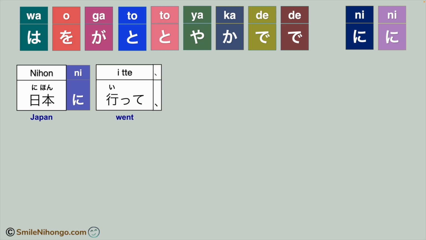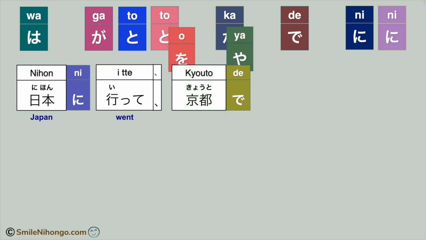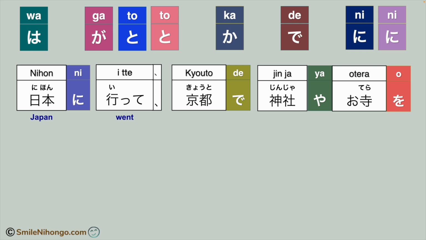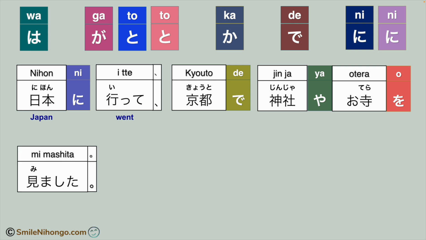and continue like this. 日本に行って、京都で神社やお寺を見ました。わかりますか？Do you understand the meaning? そうですね。The sentence means I went to Japan and saw the shrines and the temples in Kyoto.